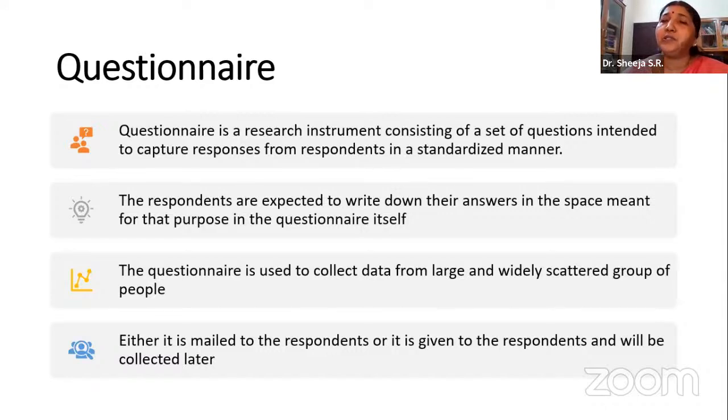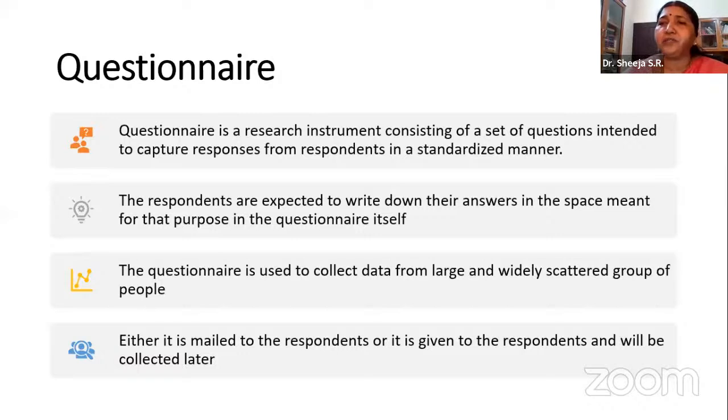Since we are collecting data from a large number of people, we have to make it standardized so that everybody writes answers to the same questions. In the case of a questionnaire, the respondents are expected to write down their answers in the space meant for that purpose in the questionnaire itself.